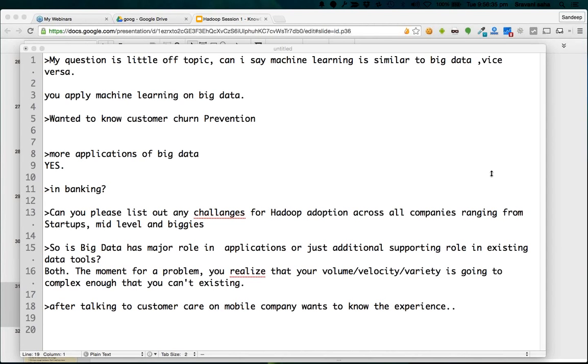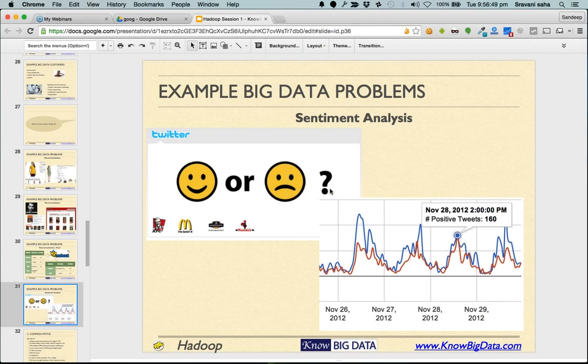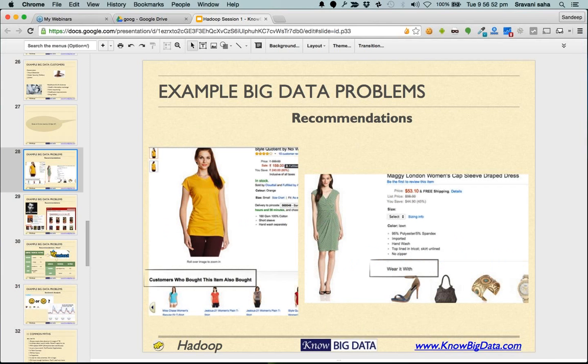There's a question from Sridhar: when you gave the example of movies, you said we know about the user. Let me explain what I meant. When we say customers who bought this also bought, we don't know who is visiting this website.